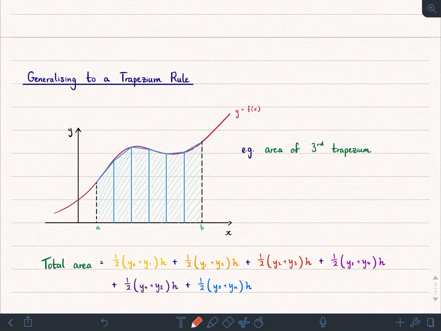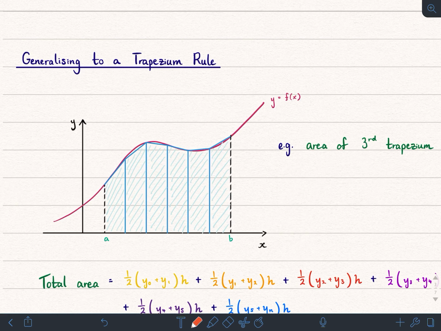But one thing I will say is, just to agree on some notation, let's say that, for example, here, we start off labeling that y coordinate as y0, and this is y1, y2, y3, y4, y5, and, well, I know it's technically y6, but in general, if we have n bars or n trapeziums, this will be yn.